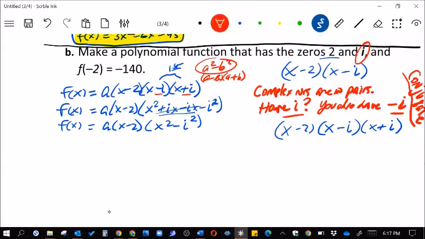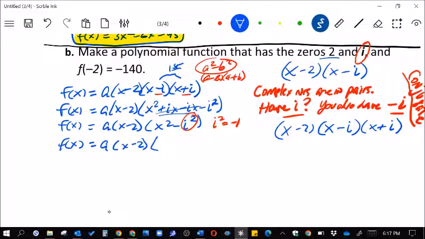Now we have something we can work with because i squared equals negative 1. So I can do function of x. Okay, let's just continue here. x squared minus a negative 1. And although most people would not write it, would have just made it plus, I want to show this step going to that, plus 1. All right.